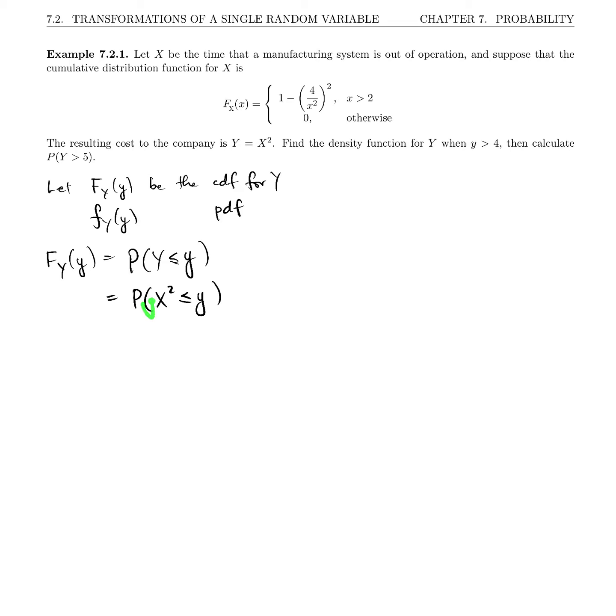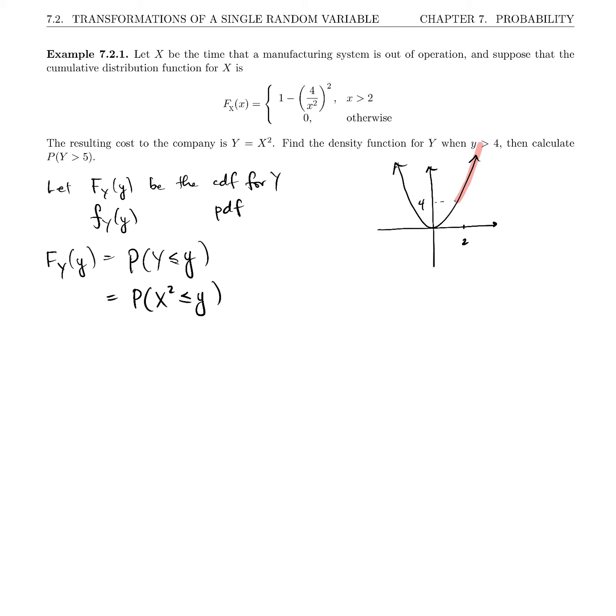Now, if we just took the roots of both sides naively, we would, in this case, be right, but only because of a certain restriction in the domain. So we cannot just take the root of both sides without doing that justification. Now, we are told that X is greater than 2 and Y should be greater than 4. Well, that point is exactly the point that's on the parabola.